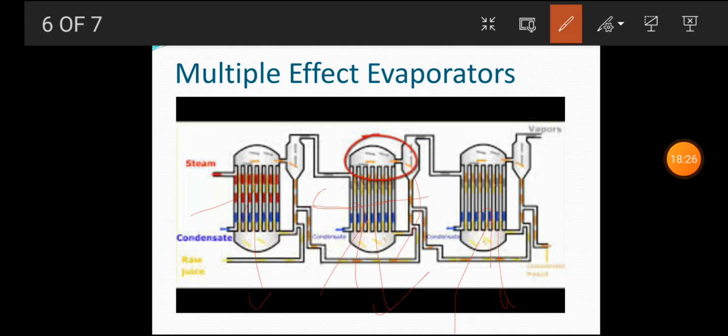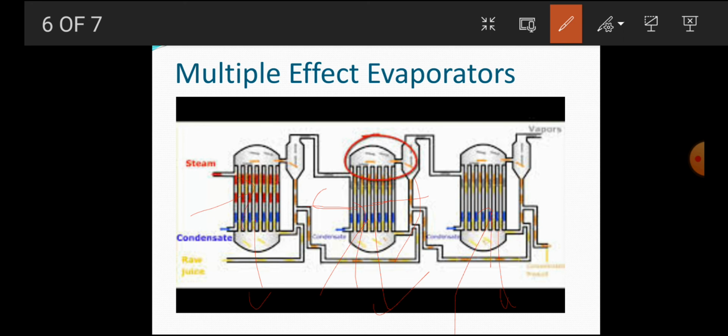Once again I will repeat the feeding. In forward feeding, the feed moves from the first evaporator to the last evaporator, from high pressure to low pressure. In backward feeding, it moves from the last evaporator to the first evaporator, from low pressure to high pressure, so a large amount of energy is required to pump that feed.